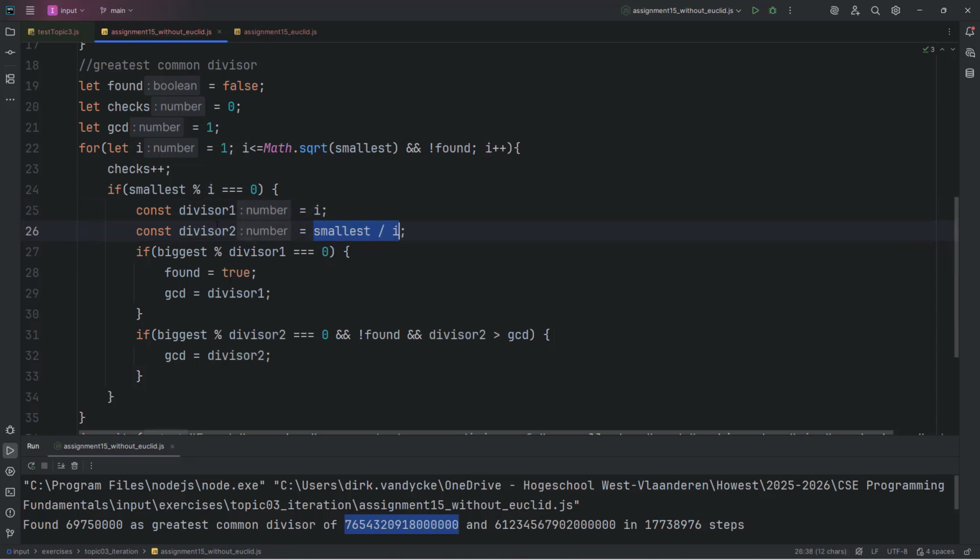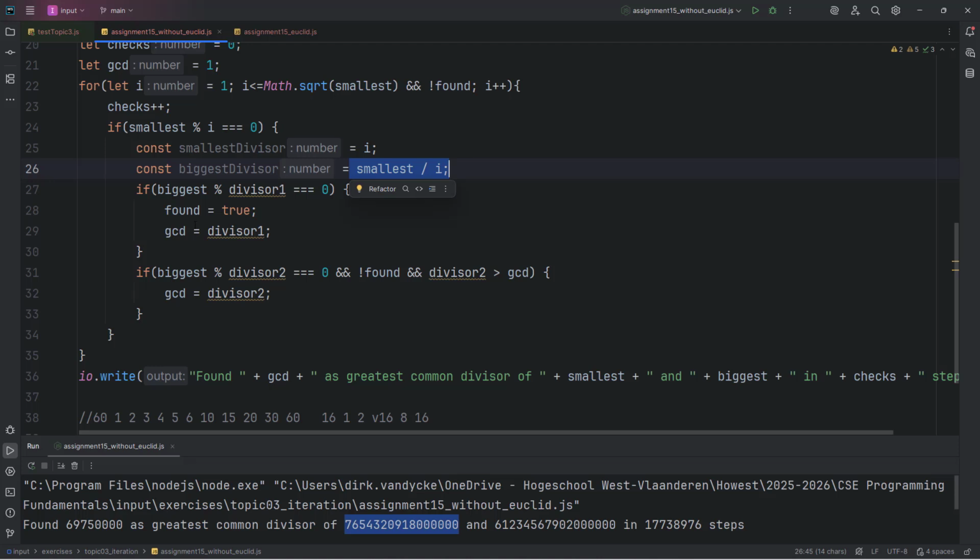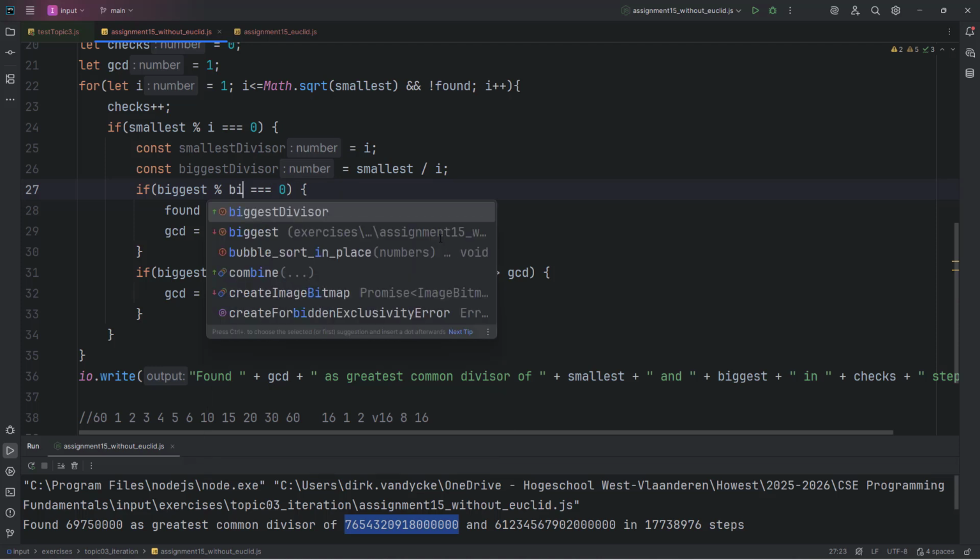Let's call this the smallest divisor, and the smallest divisor will of course be I, and then the biggest divisor will be the complementary one, smallest divided by I. So now I have to check my biggest number with the biggest divisor first.